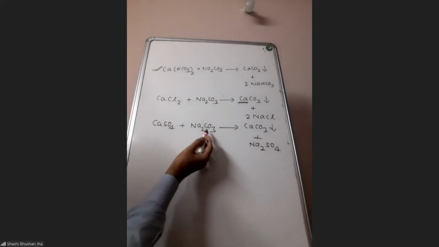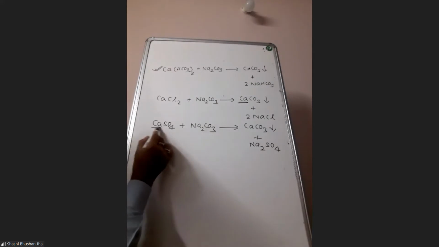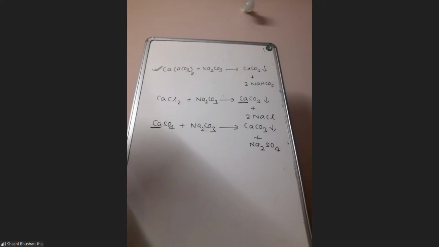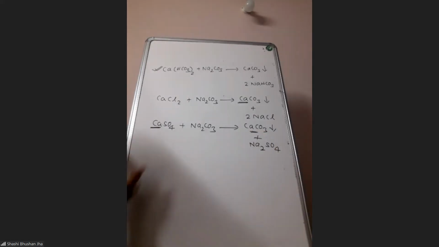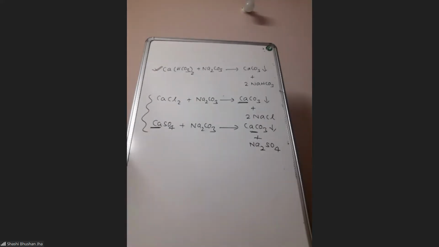So by adding sodium carbonate, this calcium ion can be removed from hard water in the form of calcium carbonate. If calcium is removed, hardness will be removed. So these two are the cases of permanent hardness, and this is the case of temporary hardness. So by adding sodium carbonate, you can remove temporary as well as permanent hardness. Both can be removed.